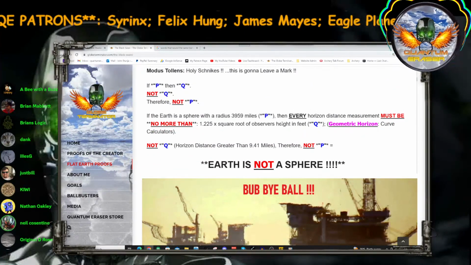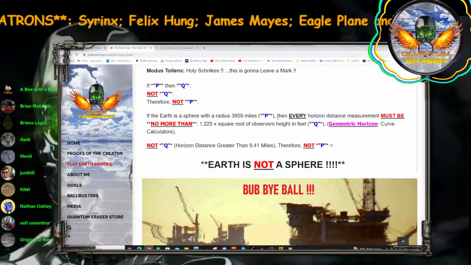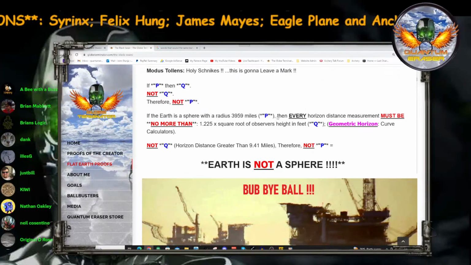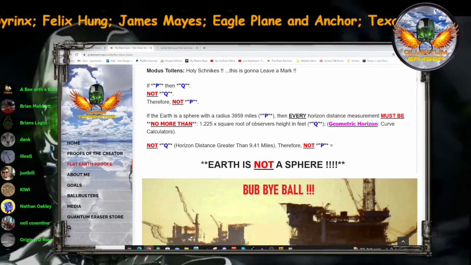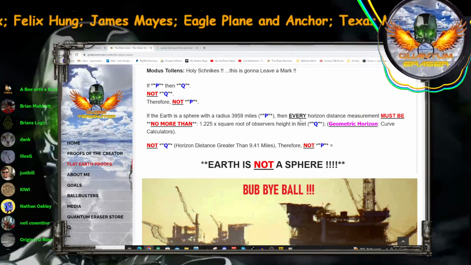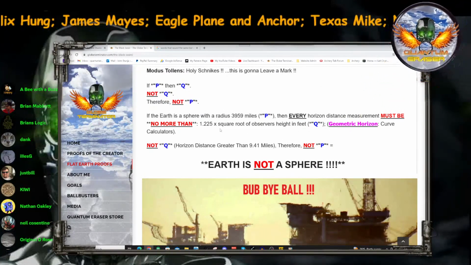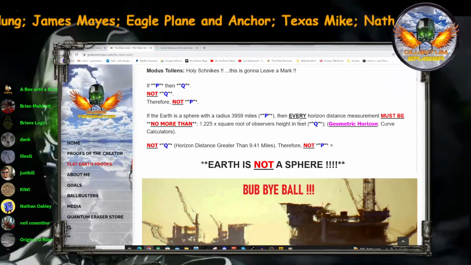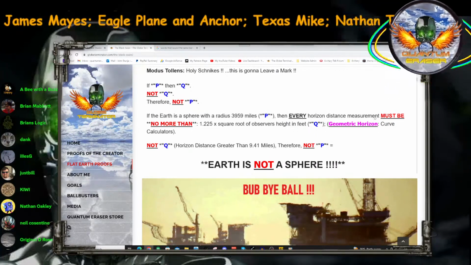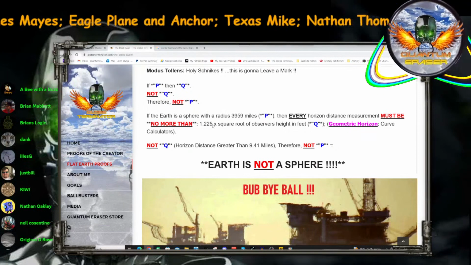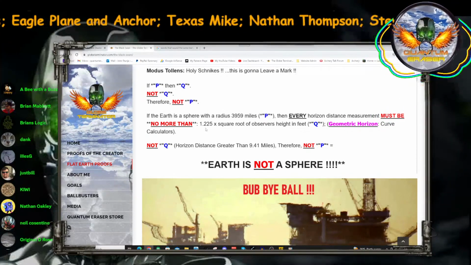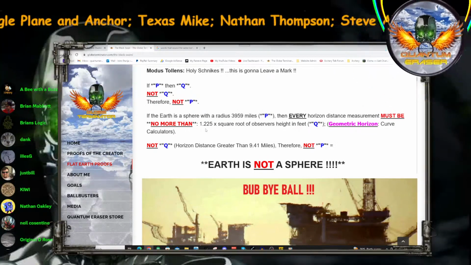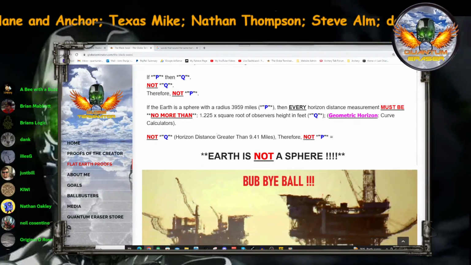The thing that really stands out, that I really wanted to focus on, do you see this part right here? Then every horizon distance, it's the Q statement. Then every horizon distance measurement must be no more than 1.225. See, that's the bang for the buck. That's the rub. That's the argument, right?